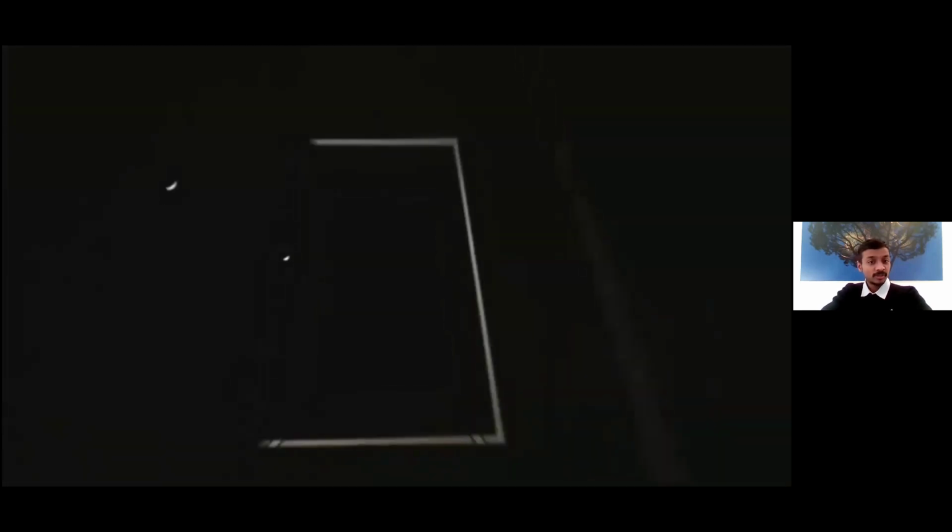It's a rectangular space, but it looks like a trapezium.